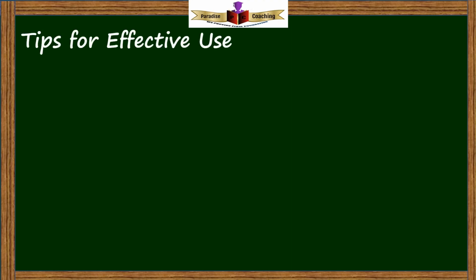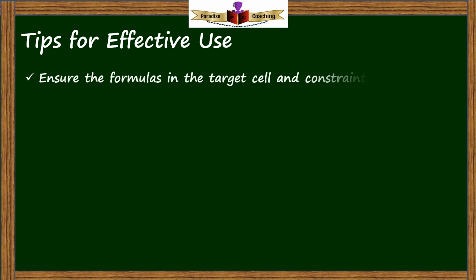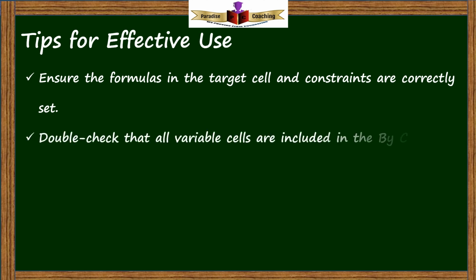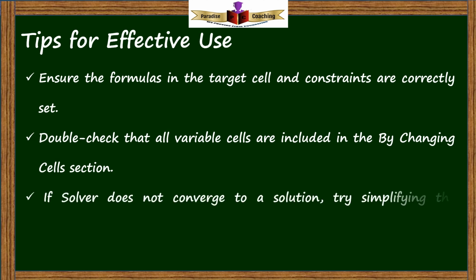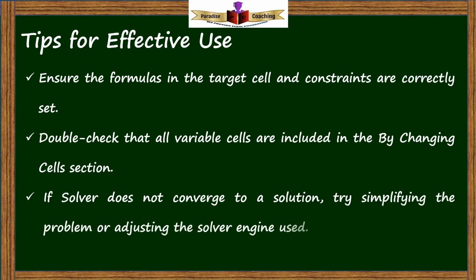Here are the tips for effective use of Solver. Ensure the formulas in the target cell and constraints are correctly set. Double-check that all variable cells are included in the By Changing Cells section. If Solver does not converge to a solution, try simplifying the problem or adjusting the solver engine used.